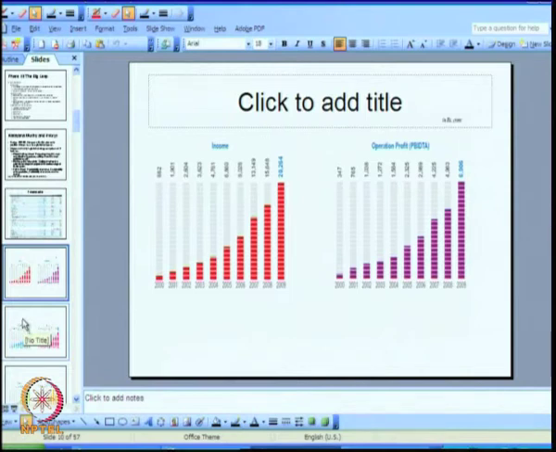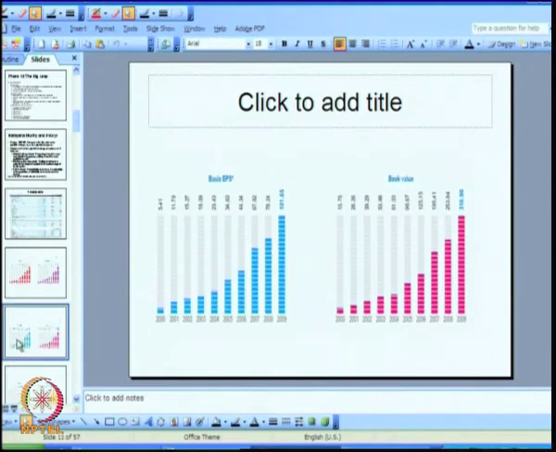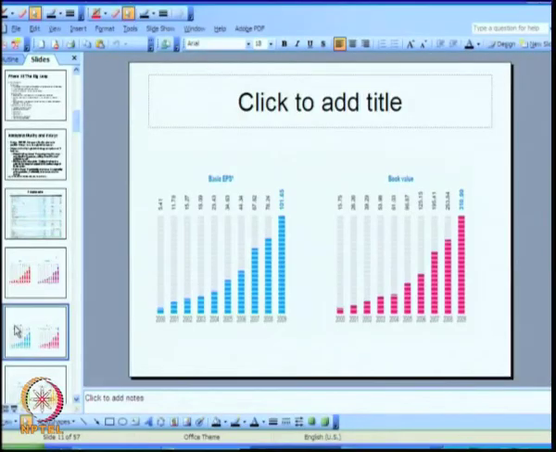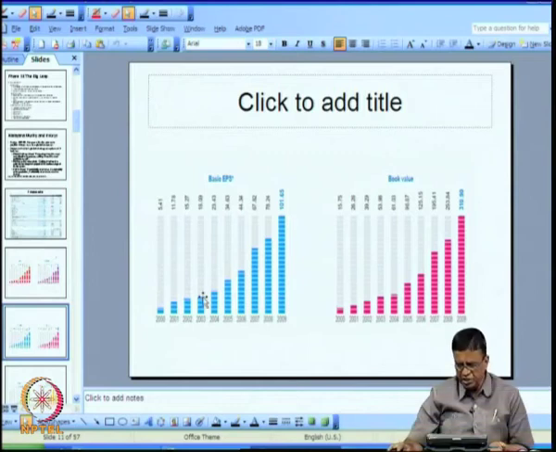You observe an increasing trend from 2000 to 2009. Then what about the earnings per share? A very increasing trend, going up more than 100% from 2000 to 2009.